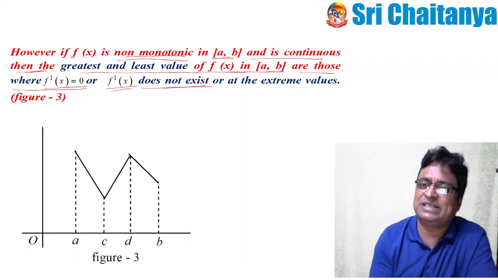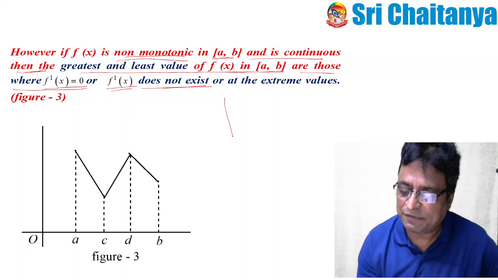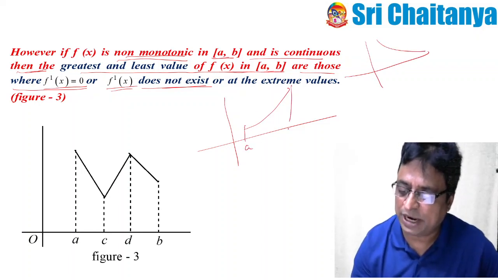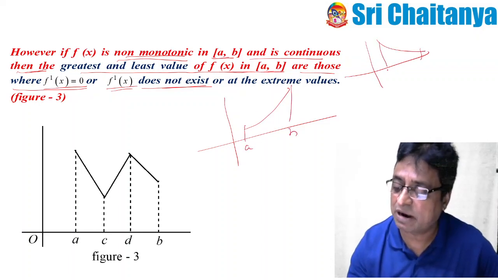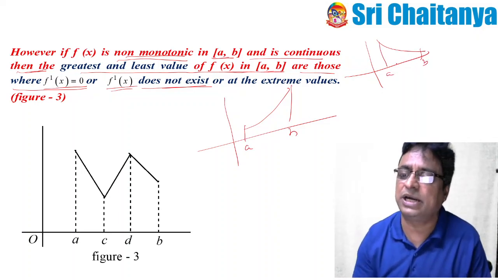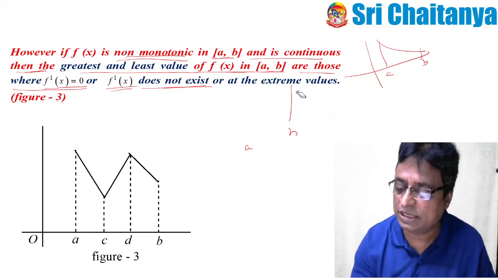See my friends, this I told just now, because if your function is continuous and it is increasing or decreasing in closed interval ab, then at end points you may get maxima and minima, and those maxima and minima are nothing but the greatest and least, provided your function is monotonic.